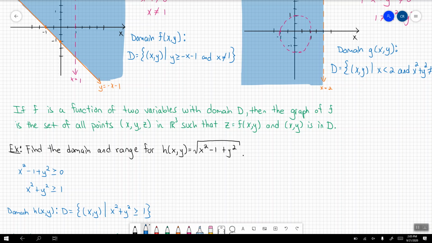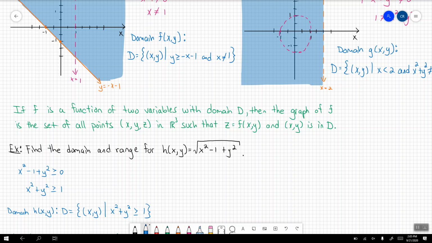So let's now start looking at the range. In other words, what are the possible outputs? Okay, so I want you to think about what's the smallest x and what's the smallest y value that can possibly satisfy this particular equation. Well, x and y cannot both be 0, because the domain requires that the sum of the squares of the ordered pair components must be greater than or equal to 1.